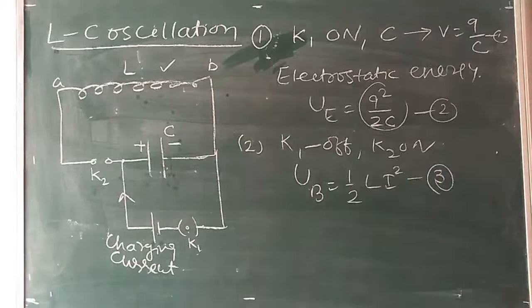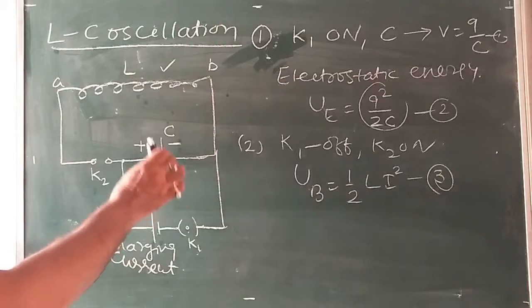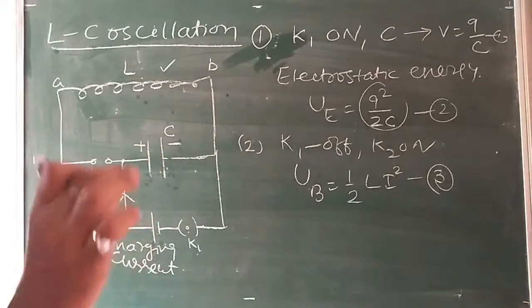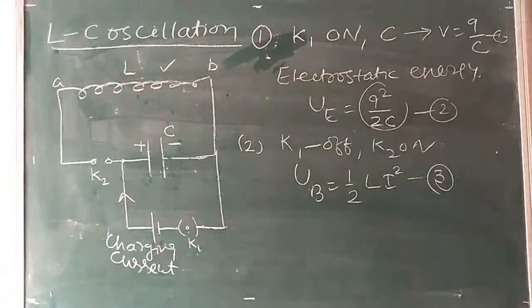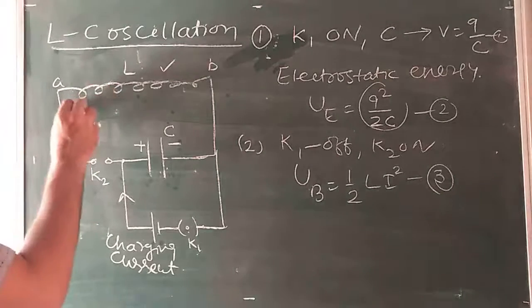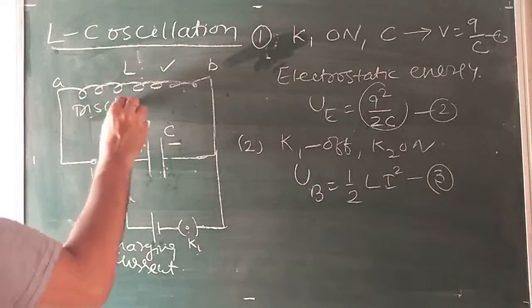It is clear? Now as soon as the discharge of the capacitor is complete, what happened? The discharge current stops. We can say the current which is flowing here is the discharging current.